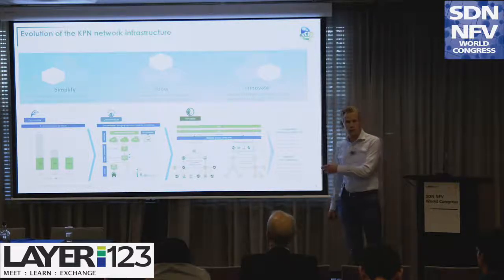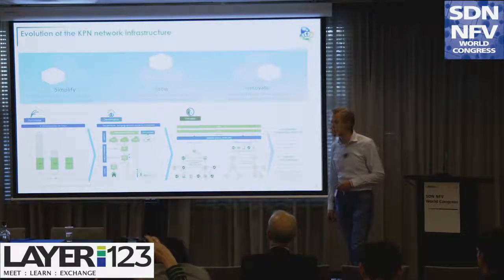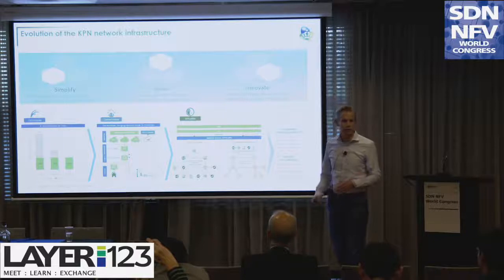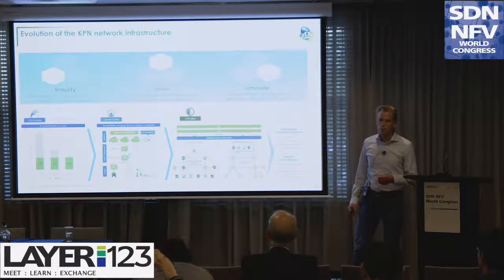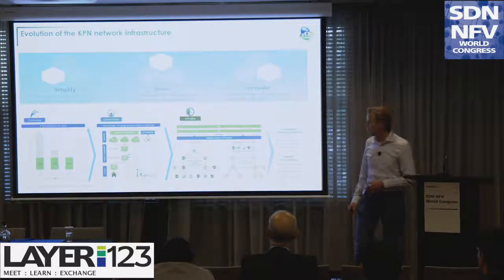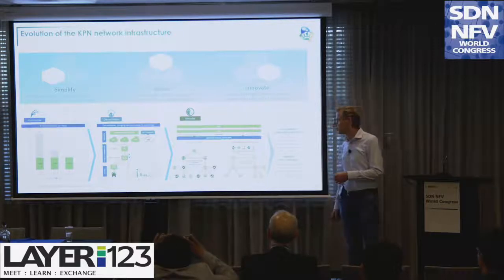What we've done over the past years with the infrastructure is we simplified it, in that we consolidated a lot of different networks into a single infrastructure, and this is near to completion. To support growth, we had to increase bandwidth, and we will keep on increasing bandwidth.